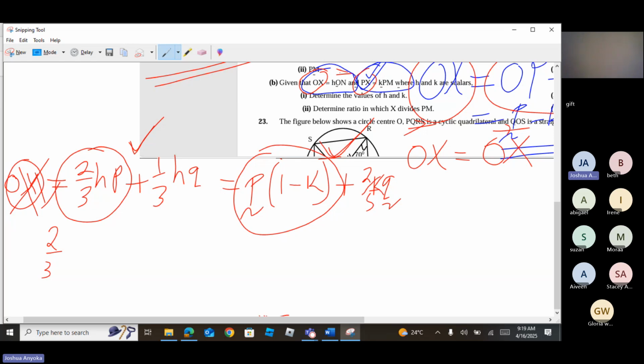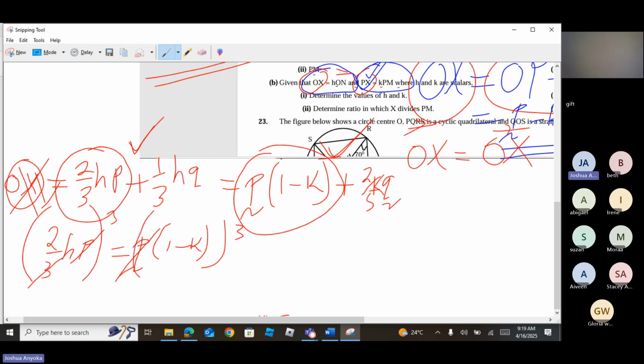Okay, that's okay. So 2 over 3 HP is equals to P into 1 minus K. P and P will cancel. We remain with, and then multiply by 3 here and by 3 here.